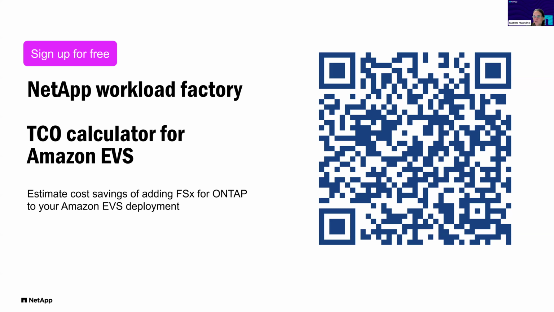This kind of reiterates, but I see the question is here, so I'm going to ask it. When we purchase EVS, it comes with vSAN storage. Is there a way we can offset the vSAN cost when we choose NetApp as our primary storage? And this is where I think it's the confusion. We're not the primary instead of vSAN.